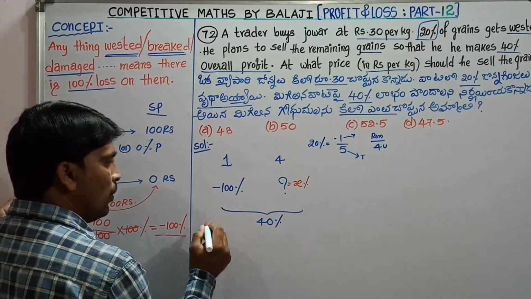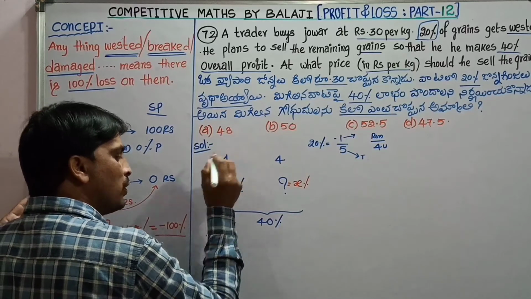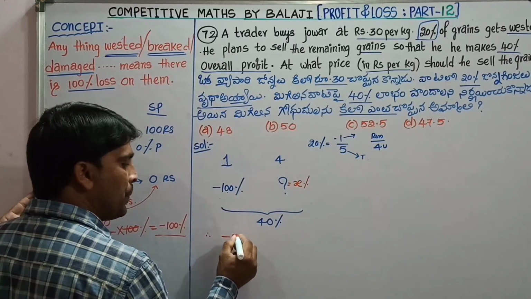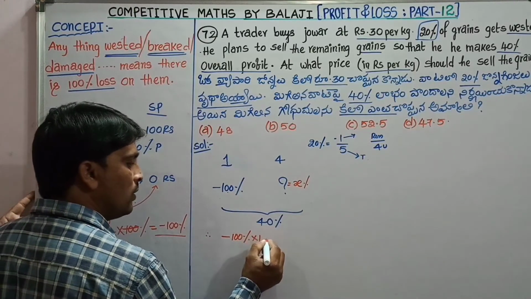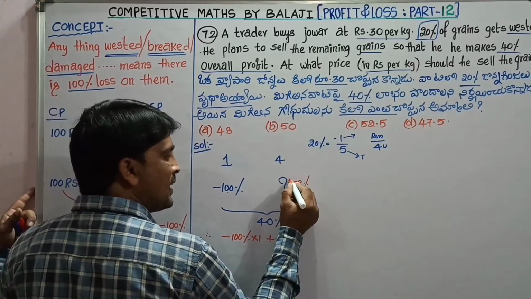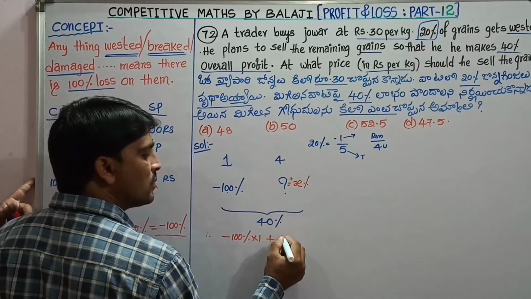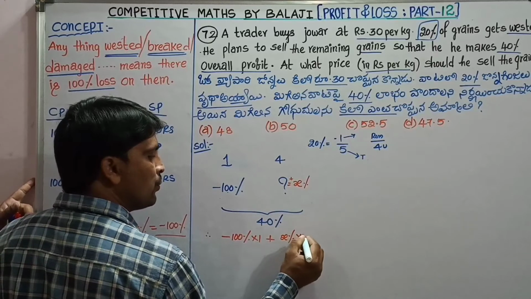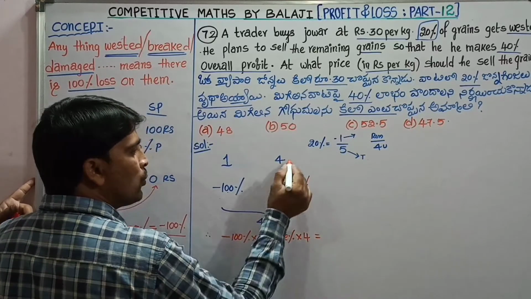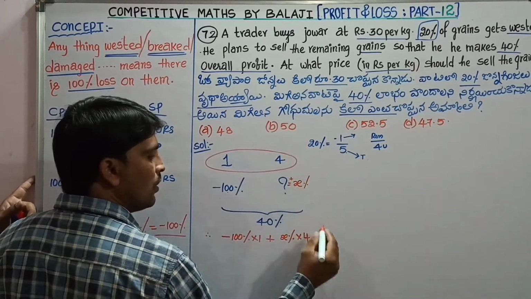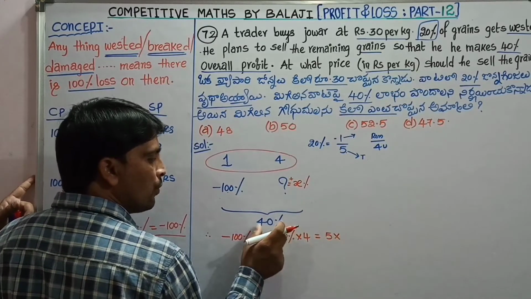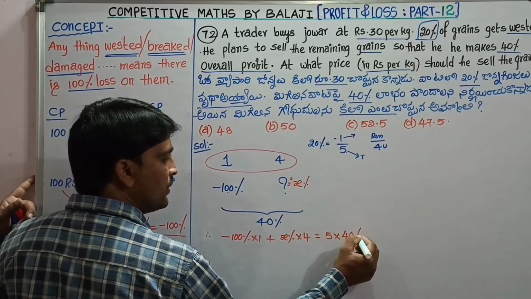Therefore we have 100% loss on 1 unit, that is minus 100% into 1, plus X% profit on 4 units, that is X% into 4, which is equal to, total units being 5, 40% profit on 5 units.